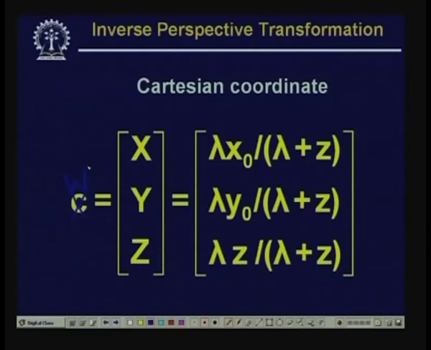On the right hand side, all the z's are lowercase letters, which is the free variable that we have assumed for the image coordinate. And in the column matrix on the left hand side, all X, Y, Z are uppercase letters, which indicates that these are the 3D coordinates.